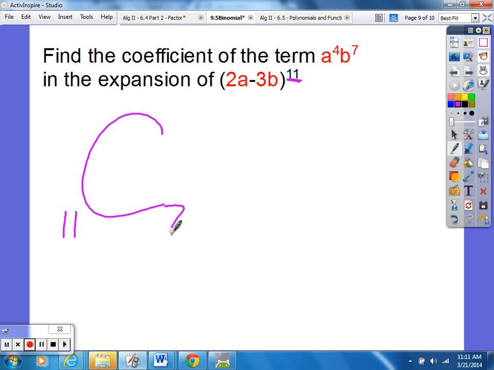Okay. My first set of parentheses is what? 2a. To what power? Good. 11 minus 7. Remember we wrote that on the last problem? Write yourself a note. Look how those notes coming in.